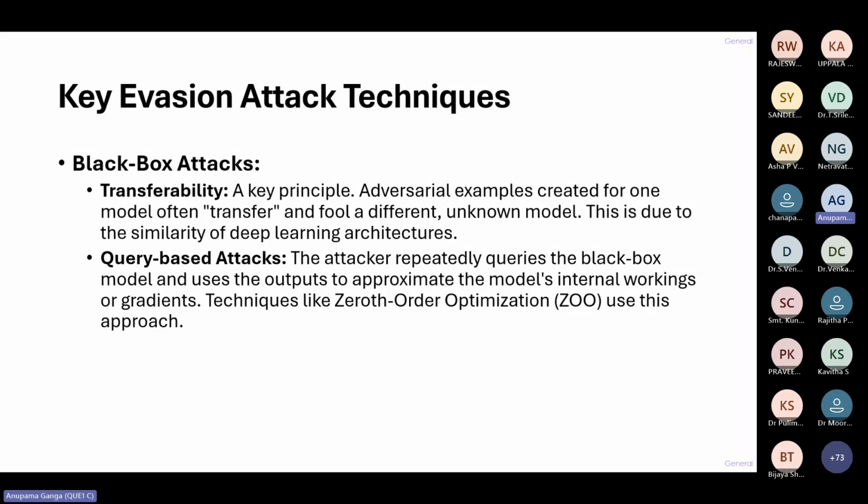We are able to achieve this because all the deep learning architectures are built on common fundamental principles, right? So that's how these attacks become transferable.